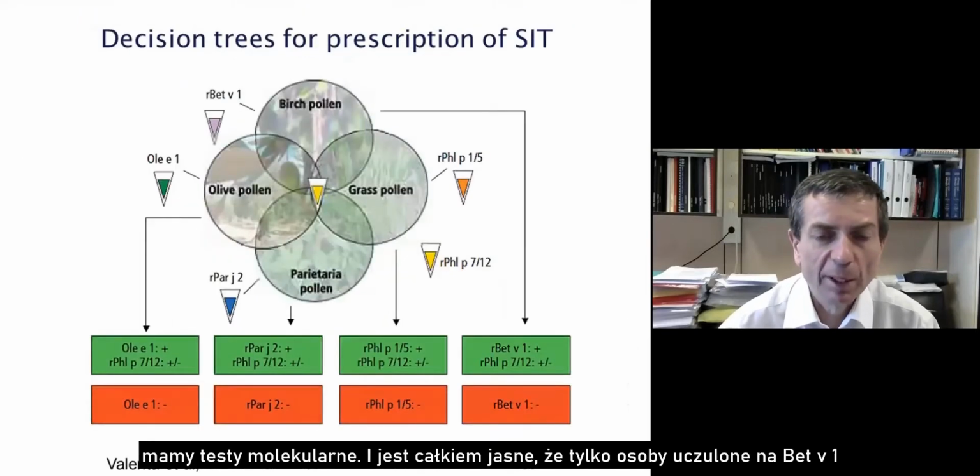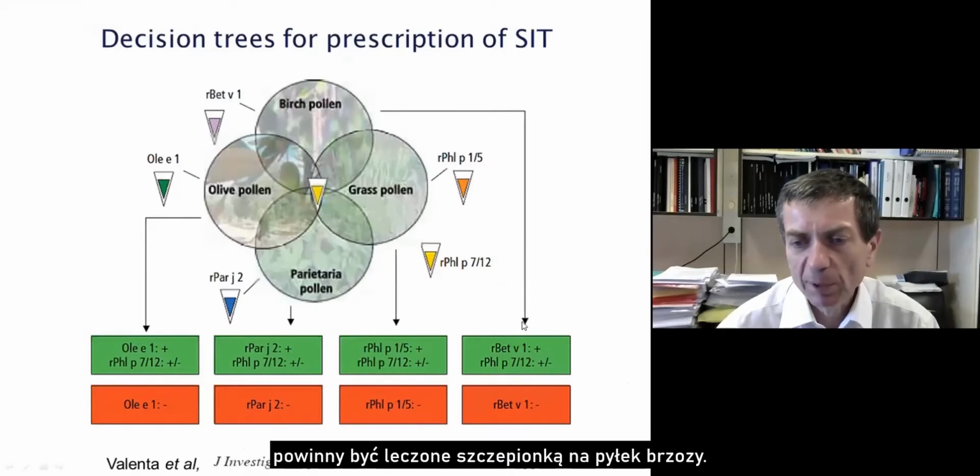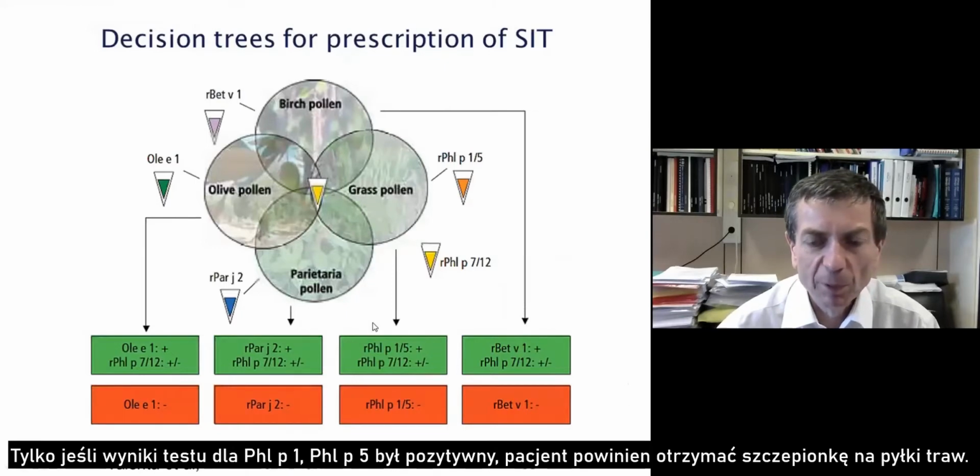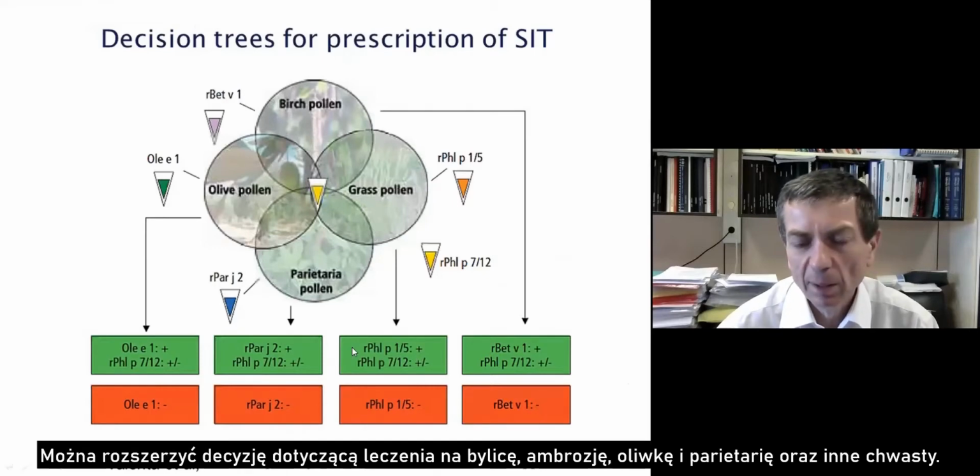For this, we have molecular tests, and it's quite clear that only the Bet v 1 positives should be treated with a birch pollen vaccine. Only the Phl p 1, Phl p 5 positives should get the grass pollen vaccine. And you can extend this decision tree to mugwort, to ragweed, to olive and Parietaria and other weeds.